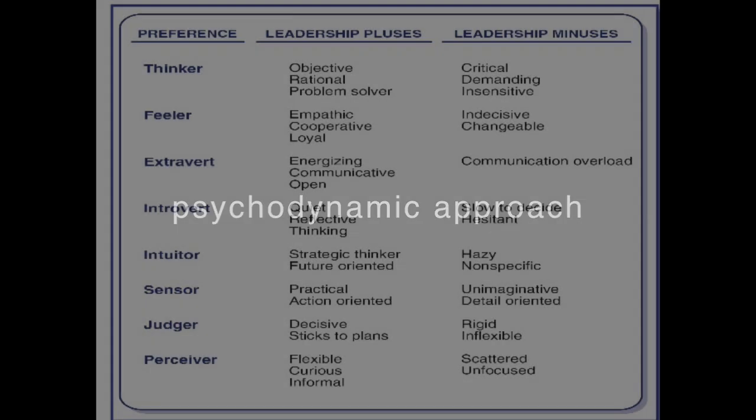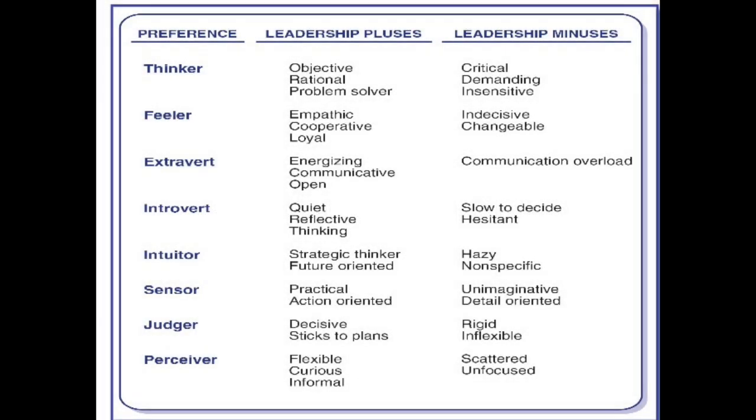The psychodynamic approach raises awareness of the implication of leaders' and followers' personality traits on their work and relationships. It uses personal assessments to determine psychological types. In this specific table, it highlights the psychological preferences and leadership. The preference of being a thinker, a feeler, an extrovert, introvert, intuitor, sensor, judger, perceiver.